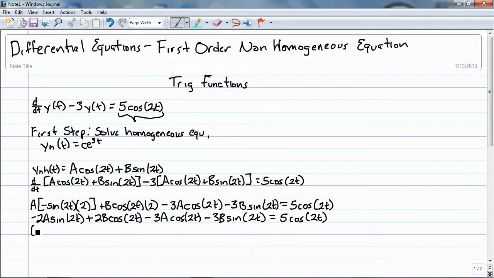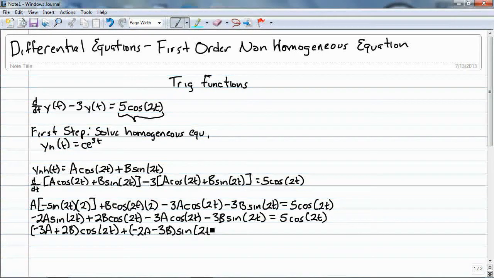So I'm going to have minus 3A plus 2B cosine 2t, and then plus, well, let's see, for the sine I've got minus 2A minus 3B sine of 2t. And that's all equal to 5 cosine 2t.